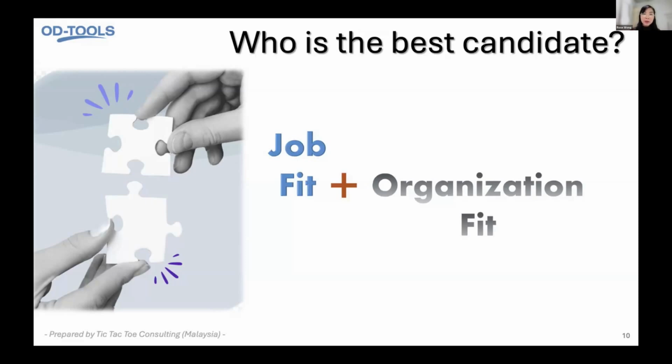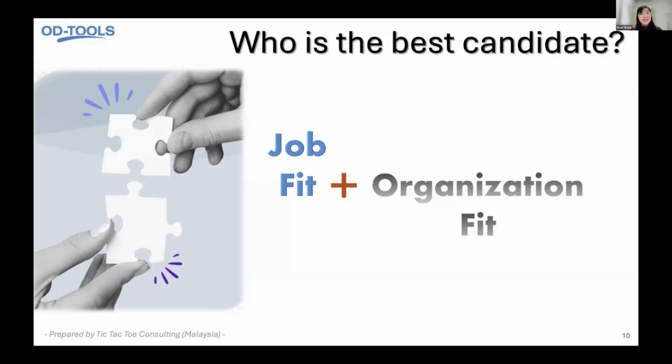Very importantly, we want to know, is the person fit to the job role? So that is why we have a ruler we set, which we call the job success formula, for us to understand whether the person fits the role, matching the expectation of the hiring manager.